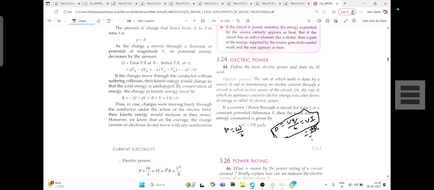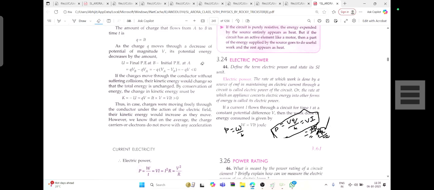That means you can write I square R square by R, that means V square by R. That means P is equals to VI, I square R and V square by R. That is the formula for power.